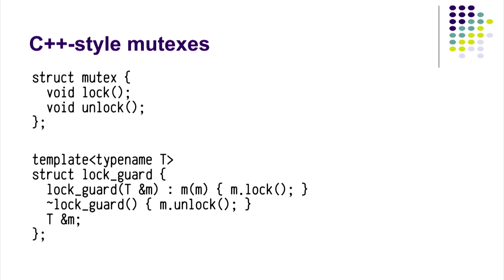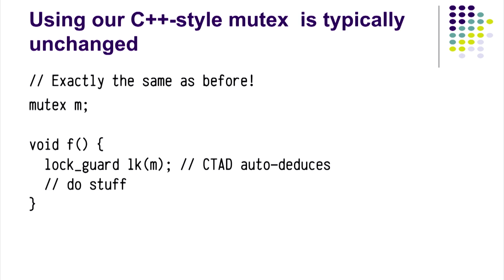So when it calls lock and unlock, it'll call the real methods of the mutex, and the client code looks exactly the same as before, especially starting with C++17, where class template argument deduction deduces the template arguments for lockguard.